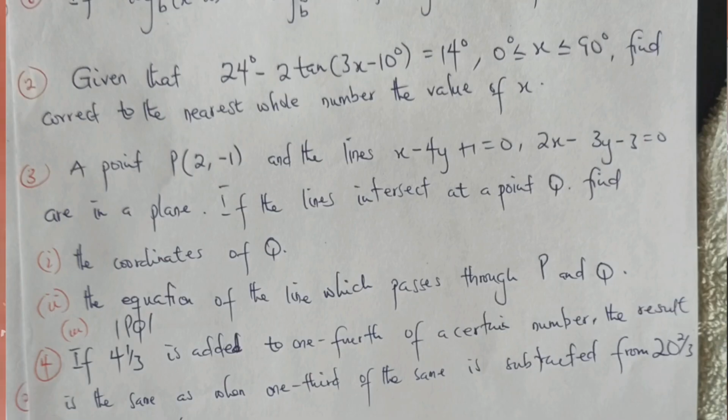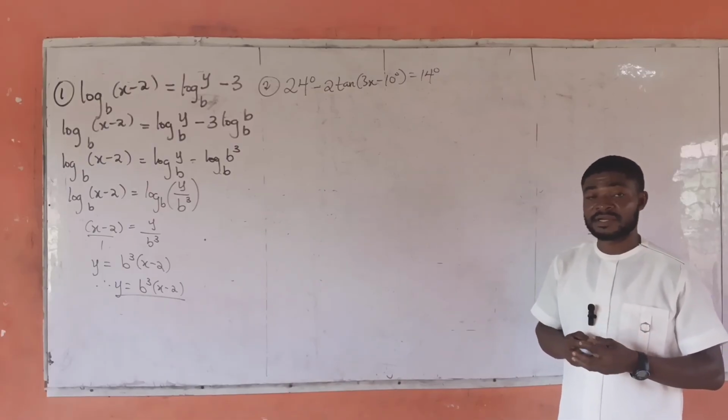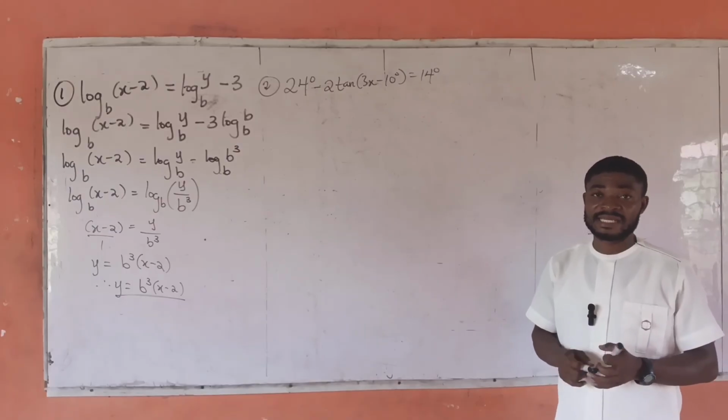So we take the second question from the script. The second question from the script reads that given that 24 degrees minus 2 tan(3x minus 10 degrees) is equal to 14 degrees, where x is greater or equal to 0 degrees but less or equal to 90 degrees.